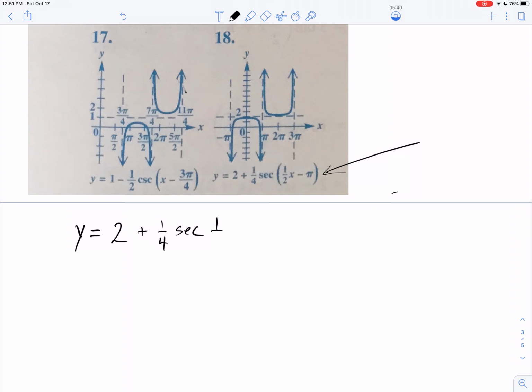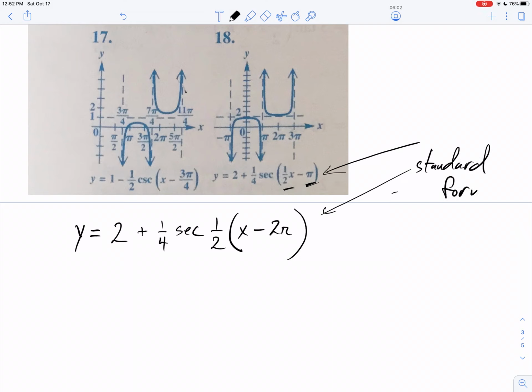Now I'd have to pull the 1/2 out. X minus 2 pi would be the rewrite, because if I were to distribute the 1/2 back in, I'd get 1/2 x, and then half times 2 pi would give me back minus pi. So this is called standard form. I am writing every single problem I give you in standard form.